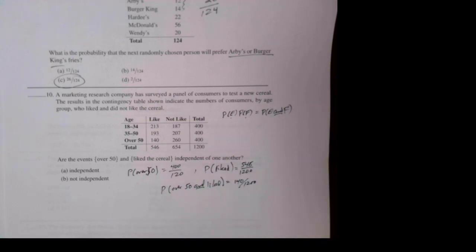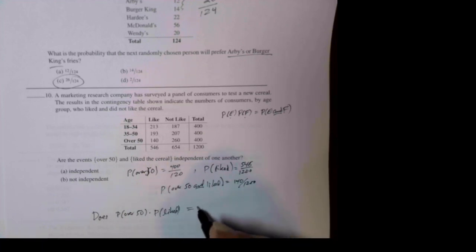The probability that if you chose someone at random, that person would both be over 50 and like the cereal. Okay, so now the question is, does the probability of over 50 times the probability that they liked the cereal equal the probability that they were over 50 and liked the cereal?